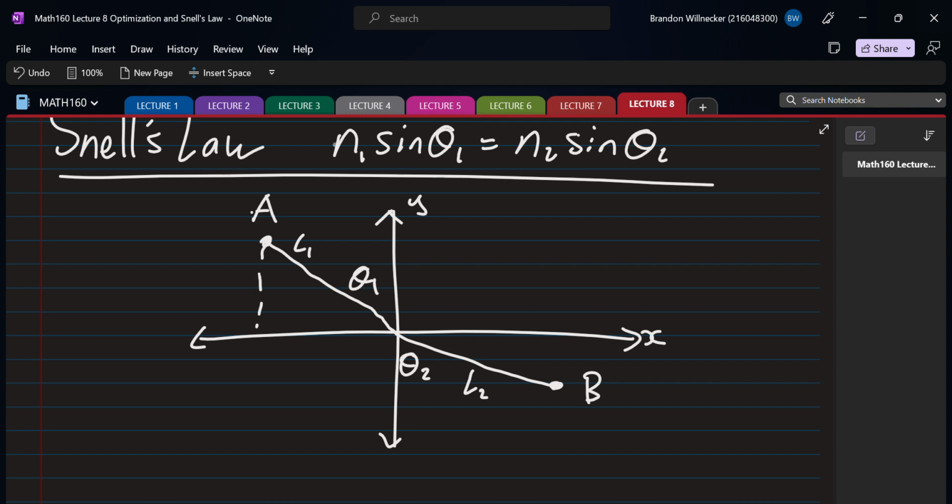Okay, so let's call this distance x, and we said that the full distance from A to B was a constant. If we call this x, in the lecture I called it x1, but let's just call it x here, then that means this distance will be d minus x if the full horizontal distance from A to B was a constant.